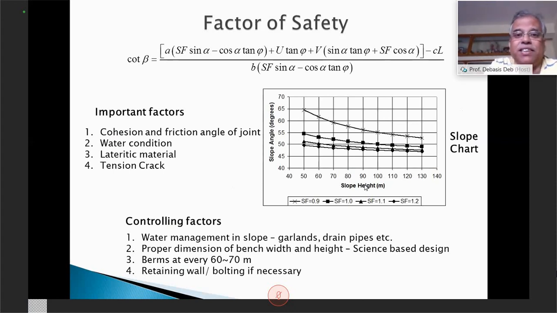But this may not be so good when the water is flowing. This lateritic material may wash out, and when it washes out through this water inrush, then the cohesion, especially the cohesion, will reduce very drastically.